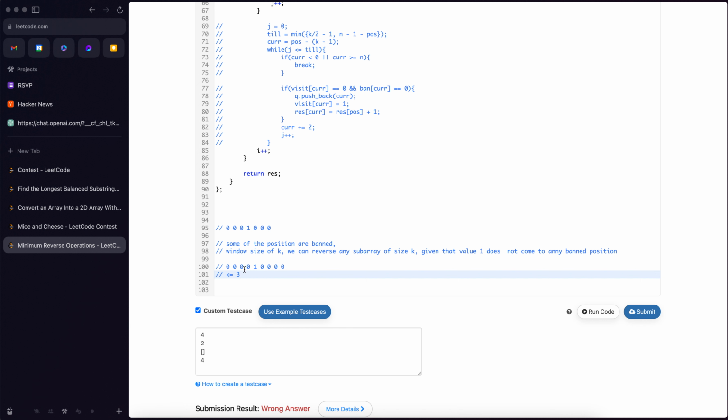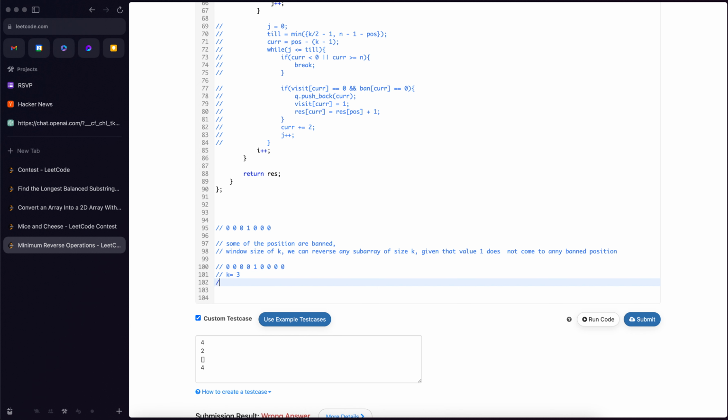Let's say the initial position of 1 is 4, with indexes 0 1 2 3 4.